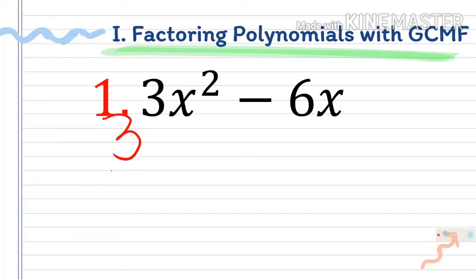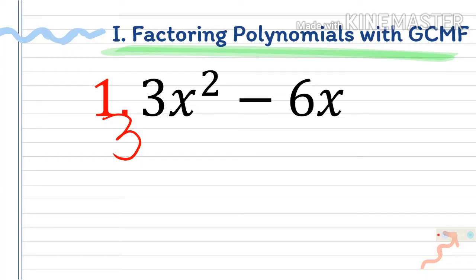And then since the two terms have the variable, you are going to find the variable with the least exponent. When we say least exponent, that is the smallest exponent. On the first term, the exponent is 2. On the second term, the exponent is 1.